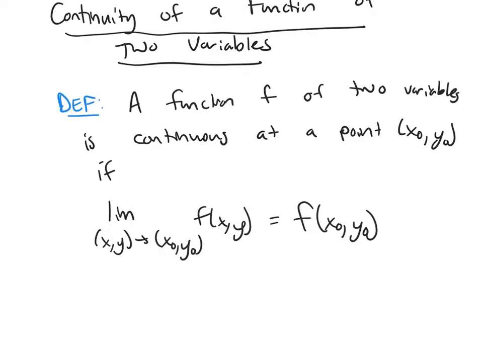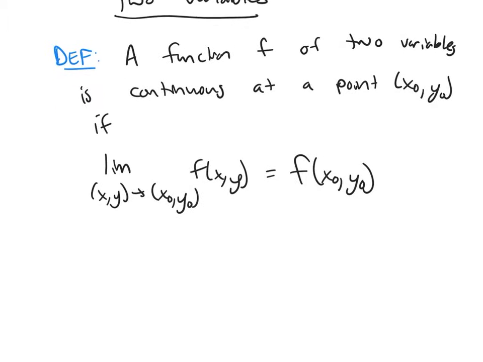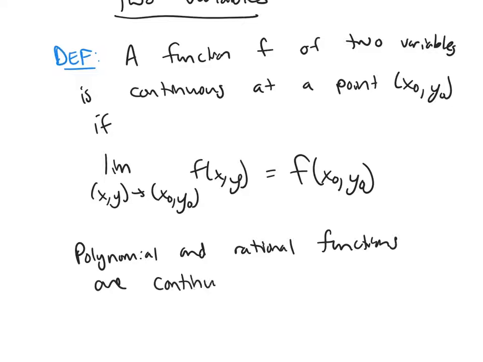So what's nice is that a lot of our same results from before hold true now. In particular, one thing we want to note is that polynomial and rational functions are continuous on their domains.